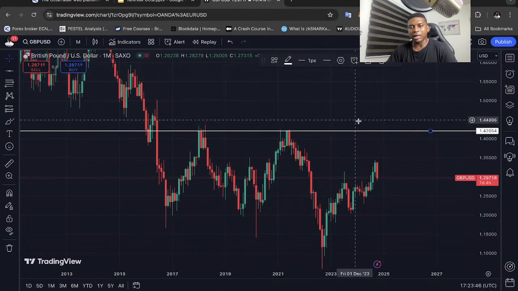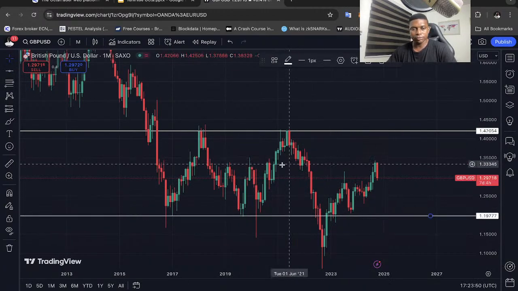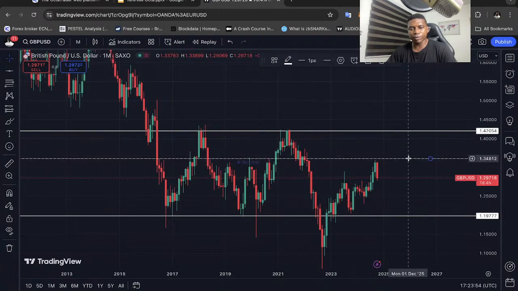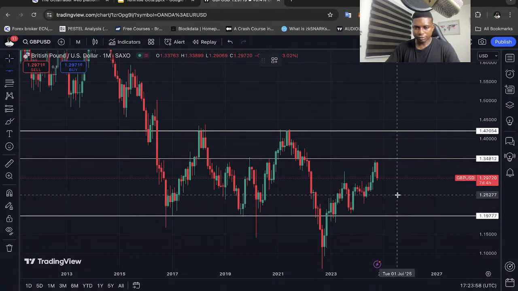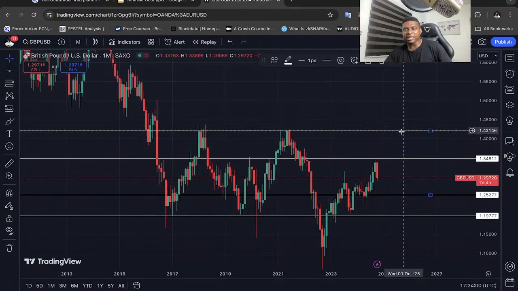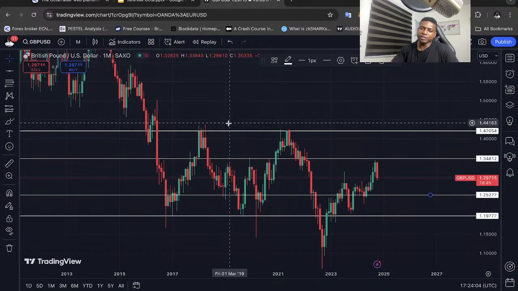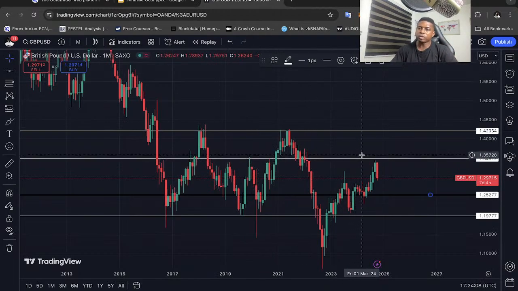So here is GBPUSD on the monthly time frame. As you can see, we are mapping out levels of support and resistance. This level here is a level of resistance, and this level here is a level of minor support.